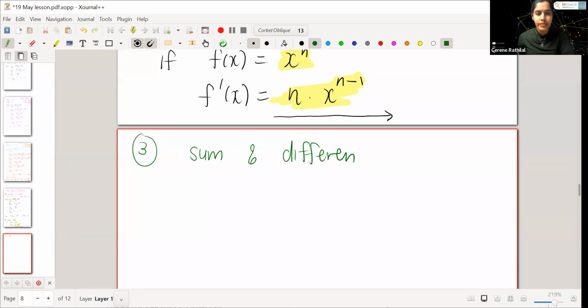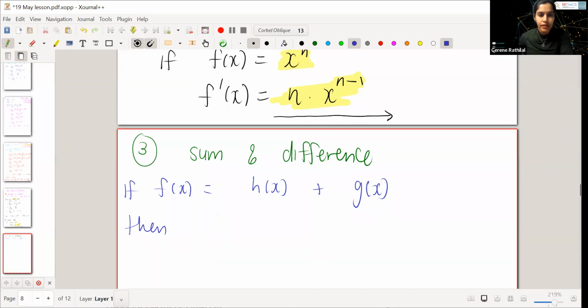And what this rule says is the following: if f of x is equal to the sum of 2 functions, I'm going to call them h of x plus g of x, so our function f is equal to the sum of 2 other functions, you take 2 functions and you add them together, all right, then f prime of x is simply equal to the sum of the derivatives of those functions.